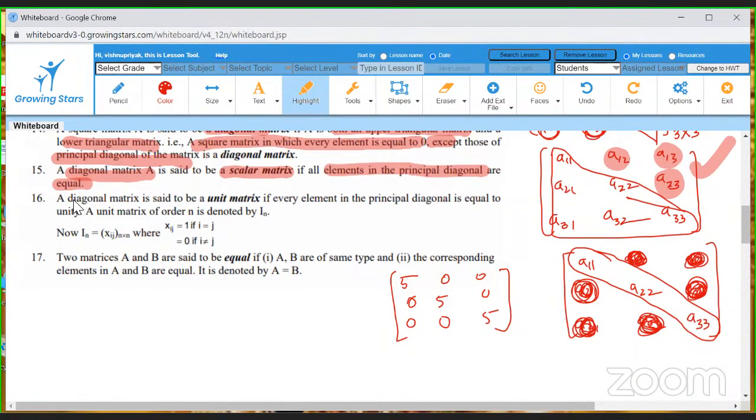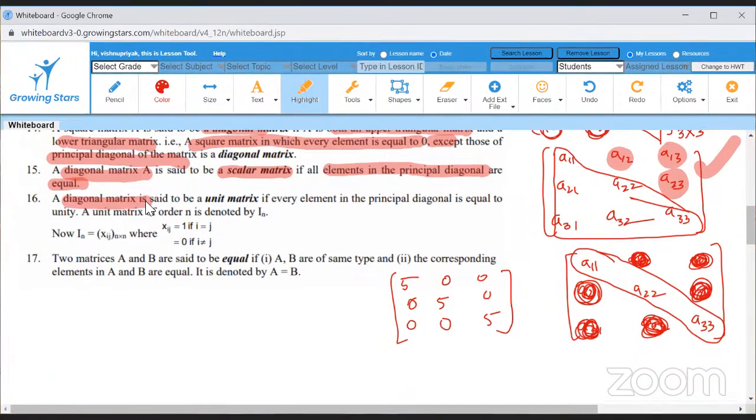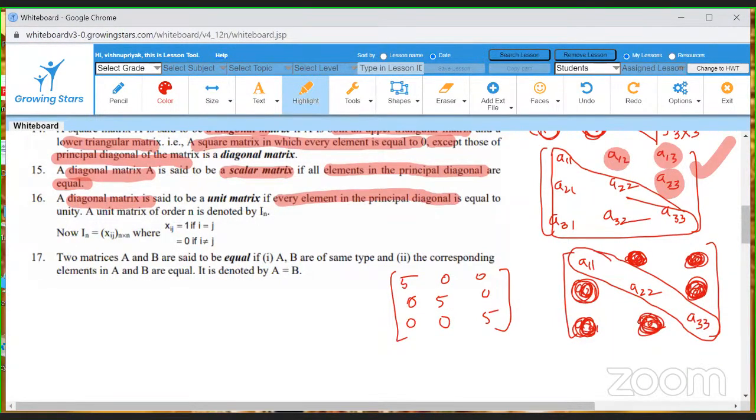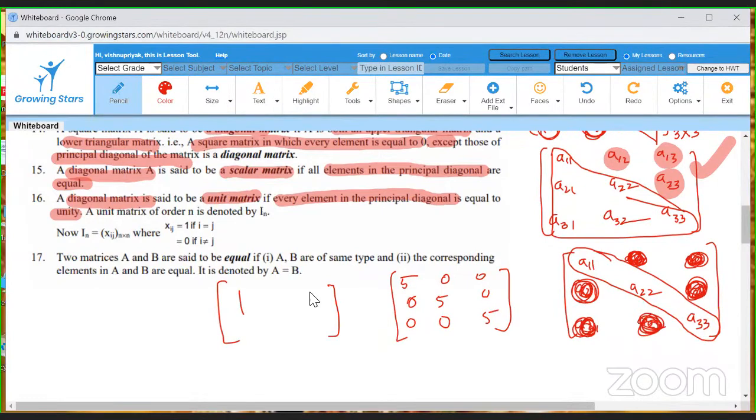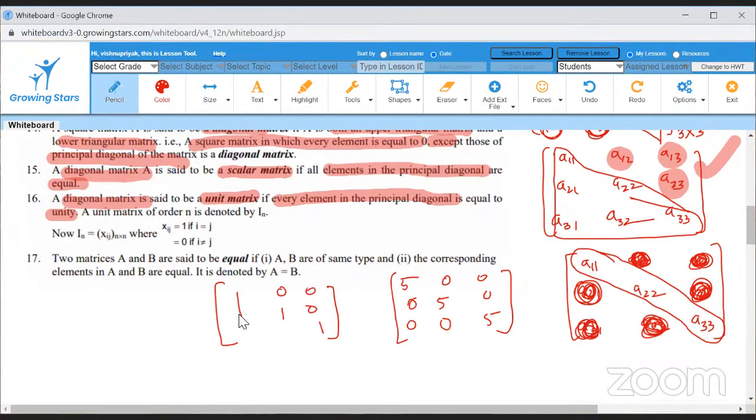Next, in a diagonal matrix, if every element in the principal diagonal is unity, 1, then that is a unit matrix. The principal diagonal should be 1, 1, 1, and the remaining all zeros. This is the unit matrix.